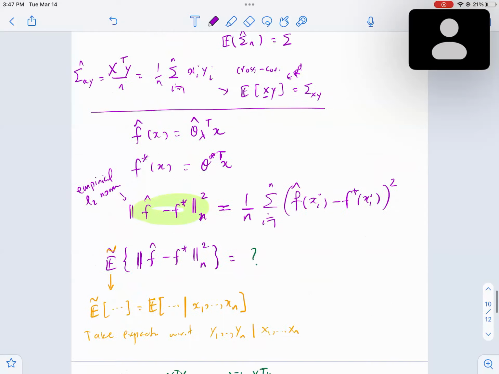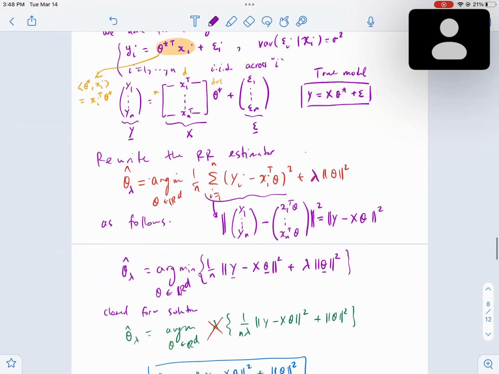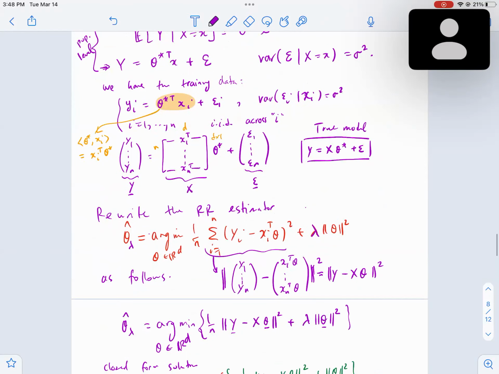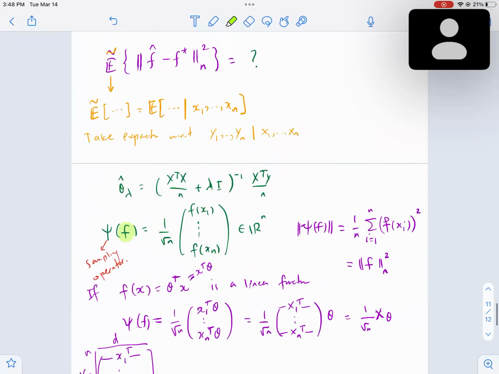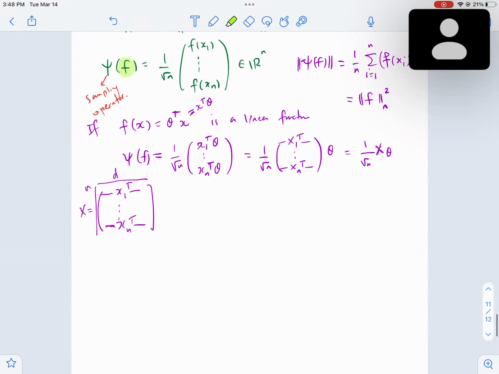If you go back, we did this last time, basically this part. What this is saying is that the sampling operator applied to linear functions behaves nicely.